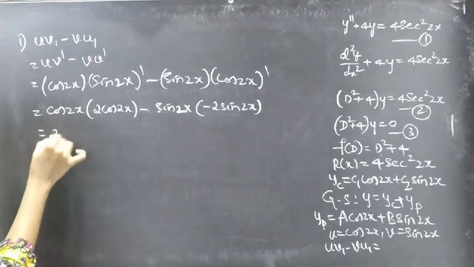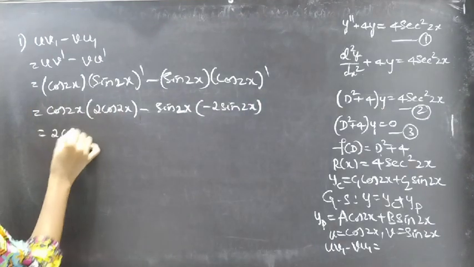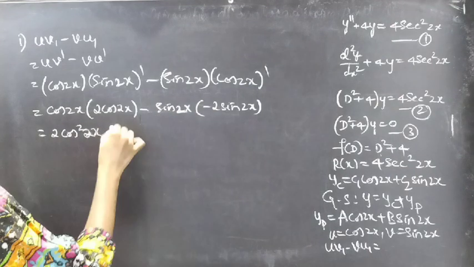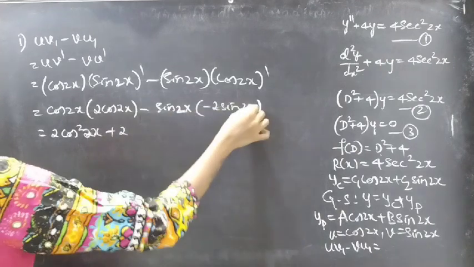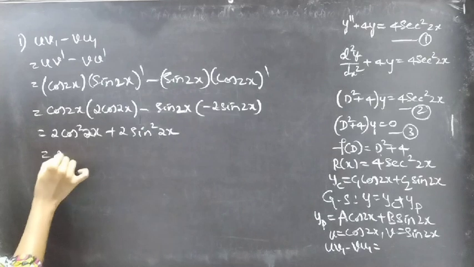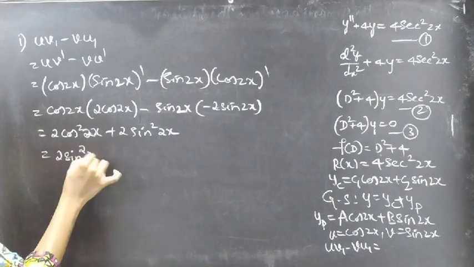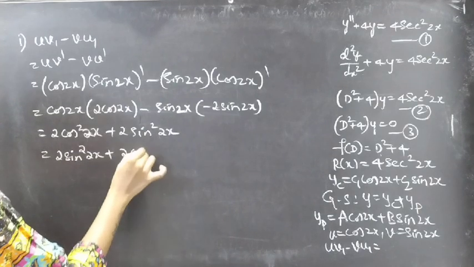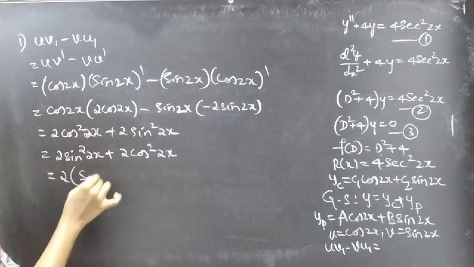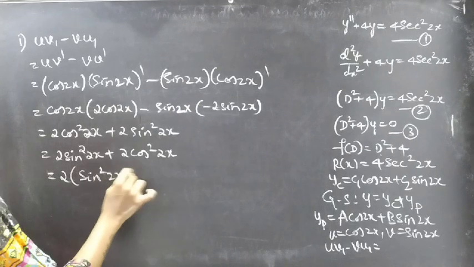This gives us 2 cos 2x into cos 2x is cos square 2x, minus into minus plus 2 sin 2x into sin 2x is sin square 2x. Or we can write this as 2 sin square 2x plus 2 cos square 2x. Now take 2 common from these two terms, we'll get 2 times sin square 2x plus cos square 2x.